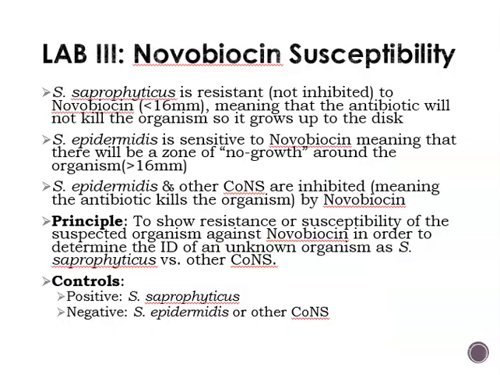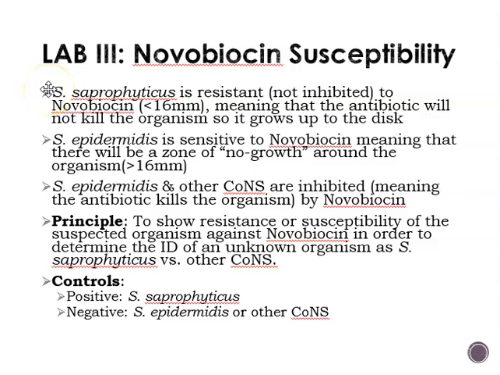Novobiocin sensitivity is how we distinguish Staph saprophyticus from the other coagulase negative staphs. And I mentioned that largely the coagulase negative staphs are considered contaminants. Staph saprophyticus is kind of an exception. It is going to be a pathogen.